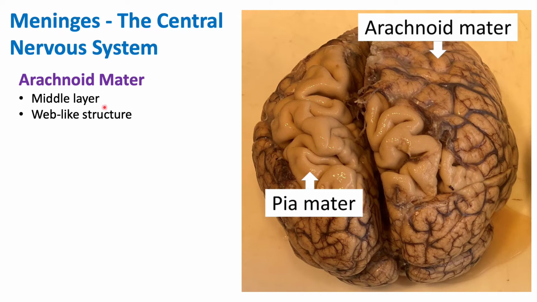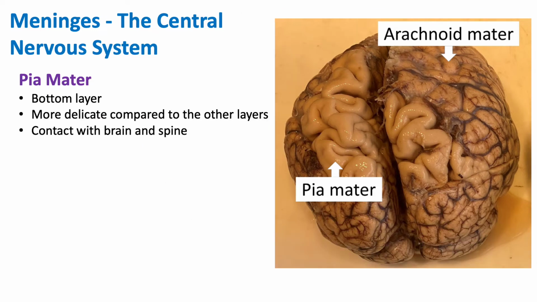The way we can remember arachnoid mater is that when we think about classifying animals by their scientific names, arach literally refers to a spider. So when we think of arachnoid, we know it's going to be that web-like structure, and it's going to make up the middle layer of our meninges.